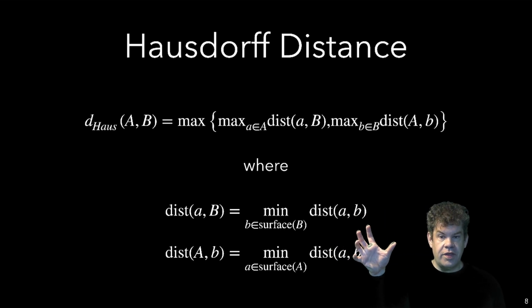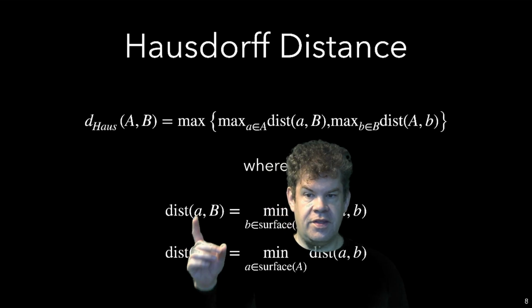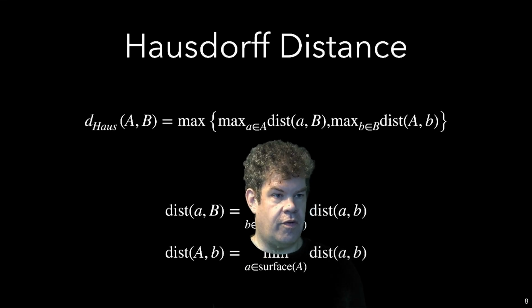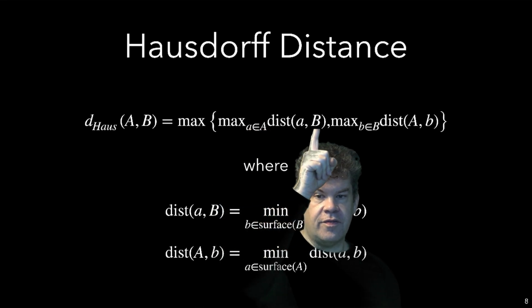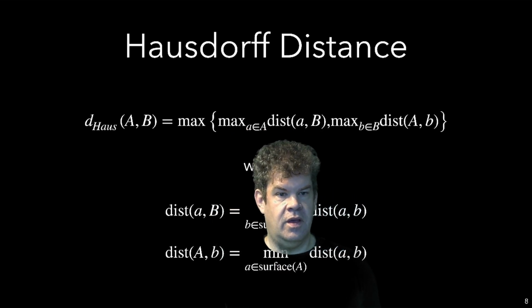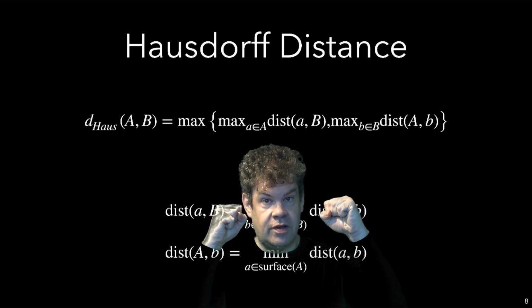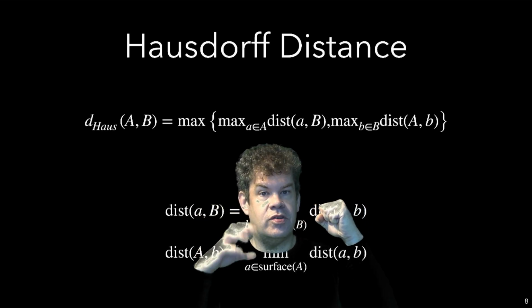Now we take these two things, notice that they show up in this formula at the top here. We take these two things here and compute the maximum over all points. Okay, so what does that mean? Let's first look at this first part here. What we do here is, we want to compare two meshes, obviously, right? We want to compare the compressed or the reduced mesh to the unreduced mesh.